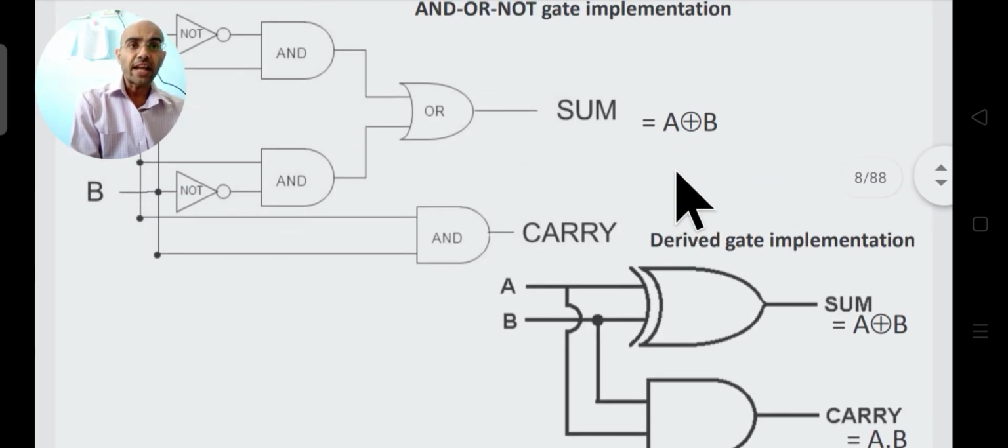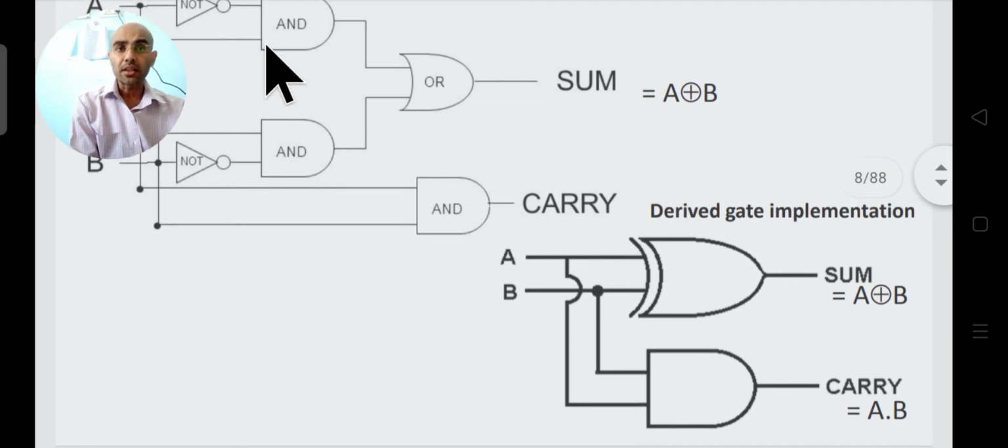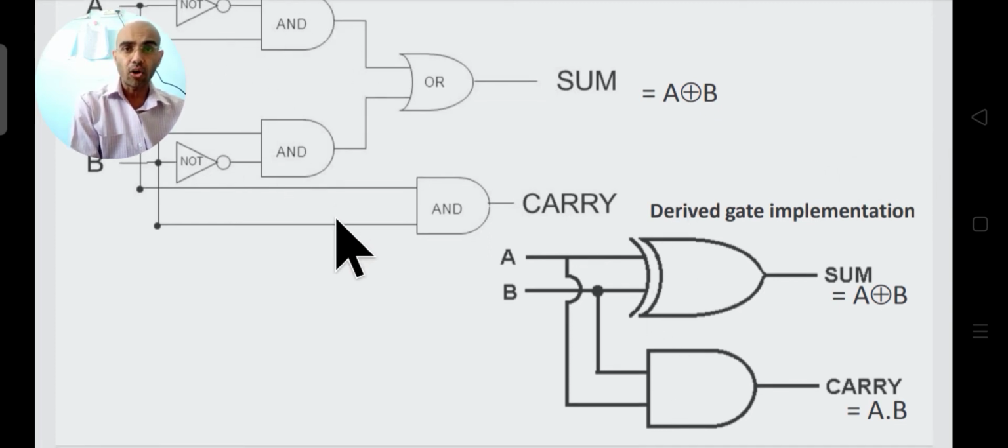Now with the help of derived gates, instead of using all these AND, OR, NOT gates, you can directly use an XOR gate also. The same expression can be implemented with an XOR gate and an AND gate. If the inputs are A and B, the output will be A XOR B, and the carry output will be this.